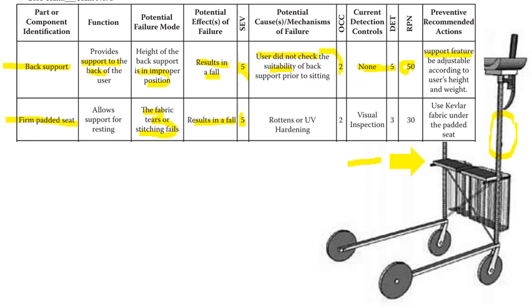The potential cause is if the fabric rots or UV hardening happens. The current control is visual inspection, and the recommended action is adding another Kevlar fabric under the seat to strengthen it and prevent tears or stitching failures.